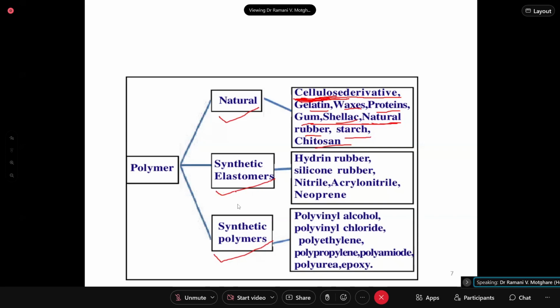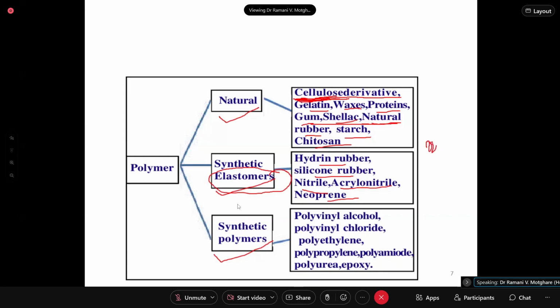Then synthetic elastomers: hydrogenated rubber, silicone rubber, nitrile rubber, acrylonitrile, and neoprene rubbers. They are all rubbers and come under the class of elastomers. Now, what is the peculiar feature?